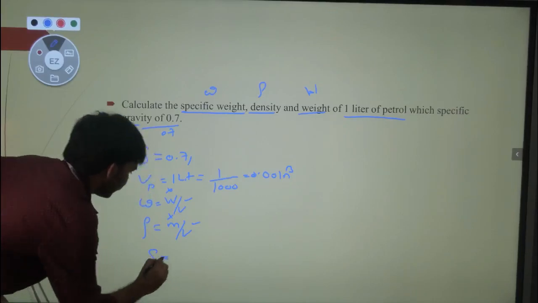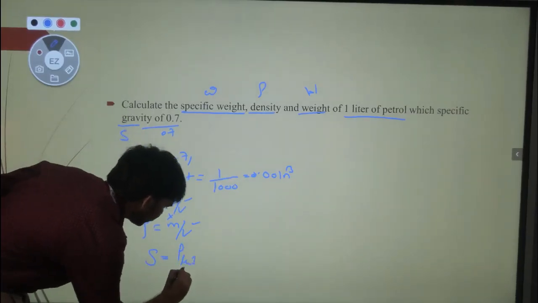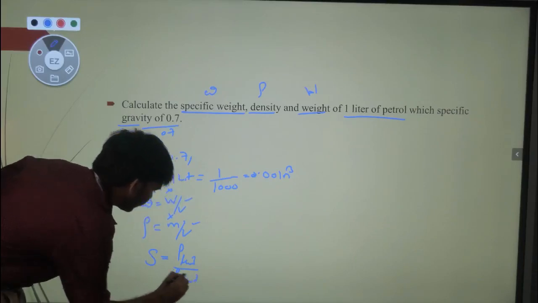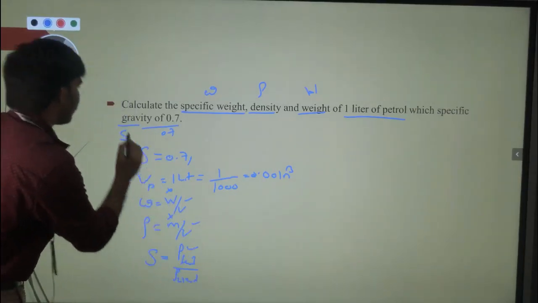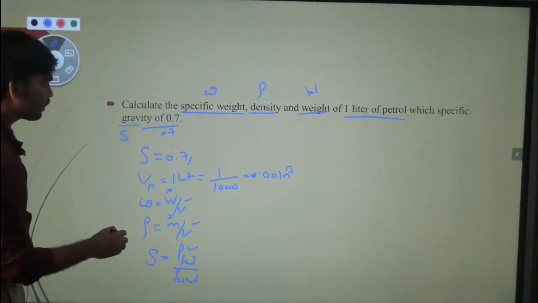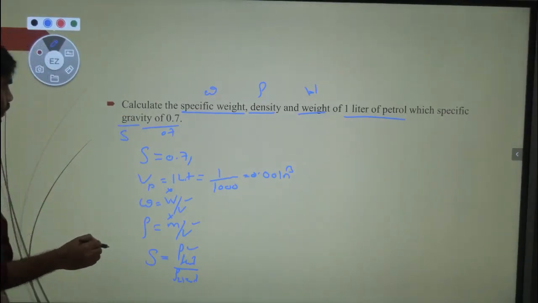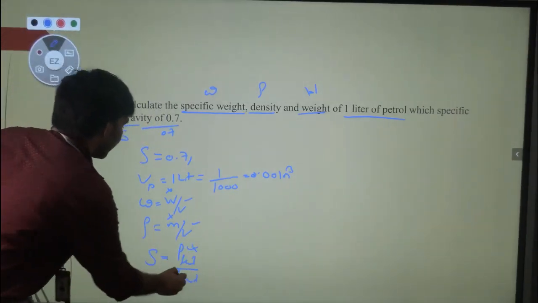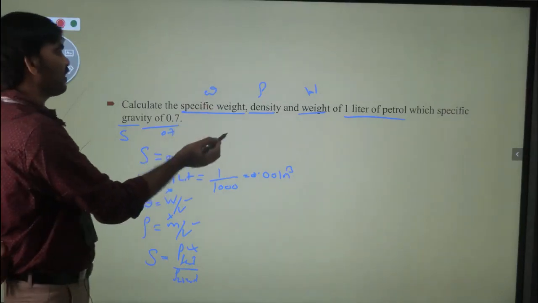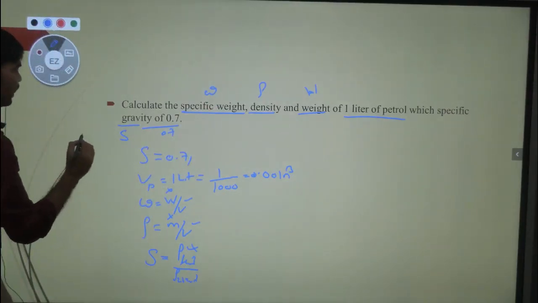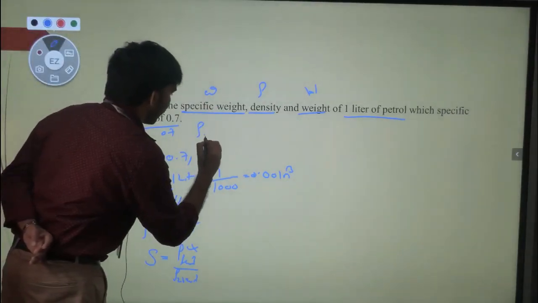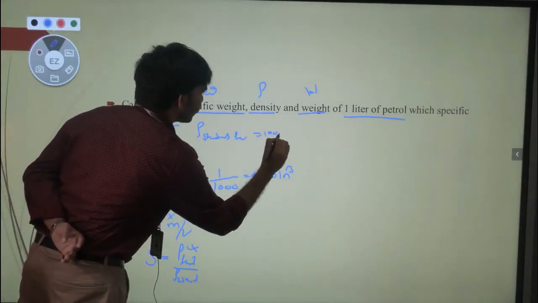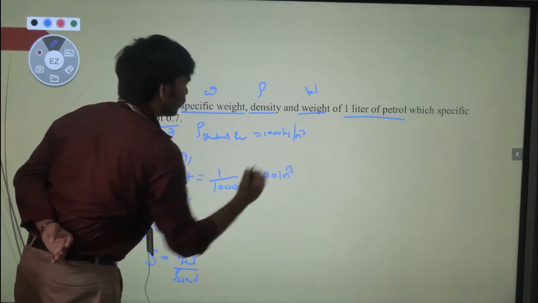So S is the density of the liquid by the density of the standard liquid. The density of the fluid is not given, so this we don't know. But he mentioned it is petrol, that means liquid, so we can assume the density of the standard fluid as 1000 kg per meter cube.